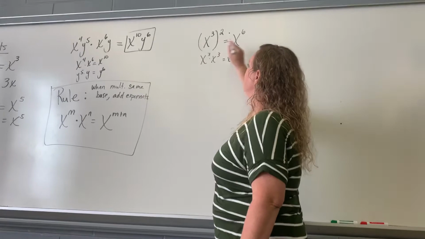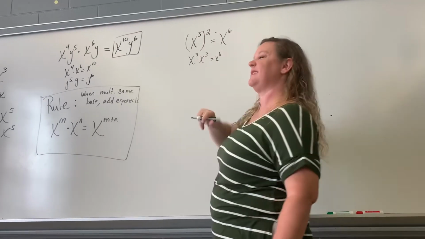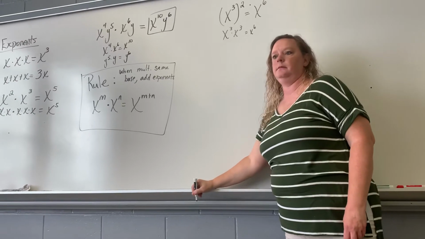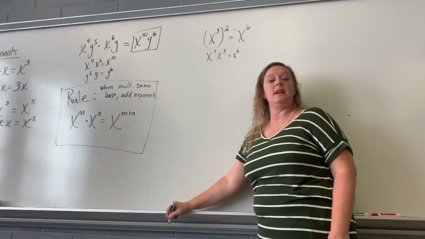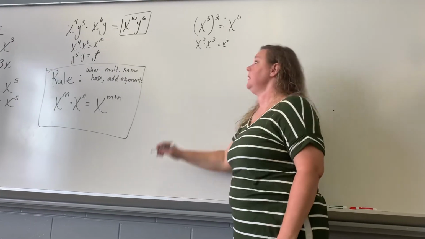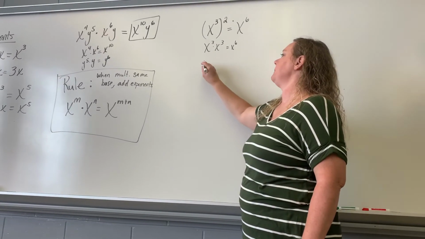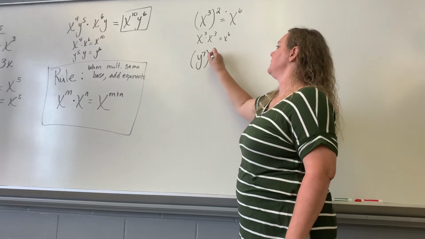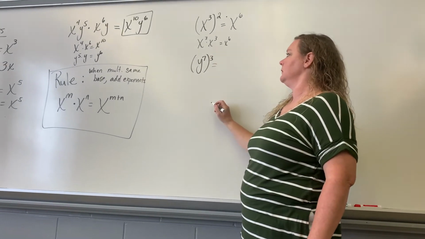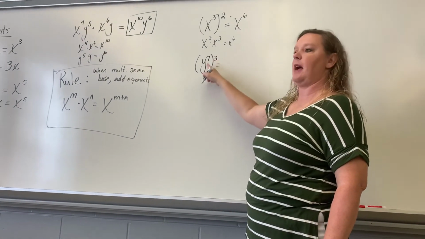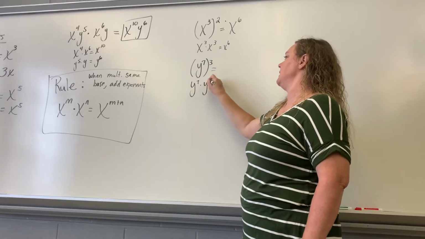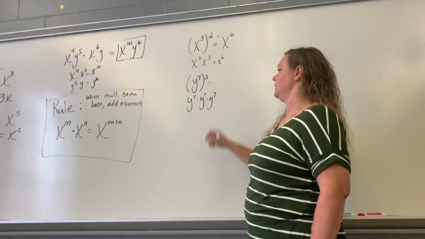Well, what can I do to 2 and 3 to get an answer of 6? Not add them. Multiply. So let's see if that holds true, okay? Let's try another one. What is y to the 7th to the 3rd? Well, anything to the 3rd means write it 3 times. So y to the 7th, y to the 7th, y to the 7th.